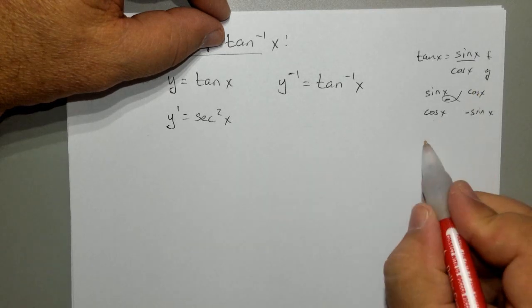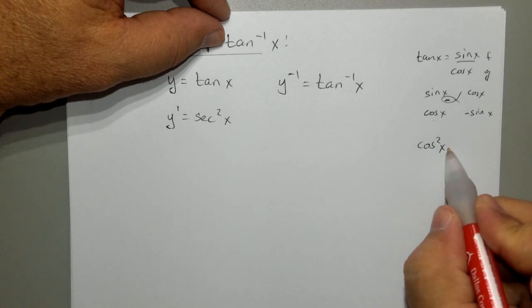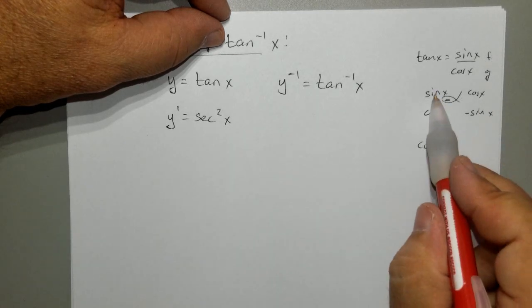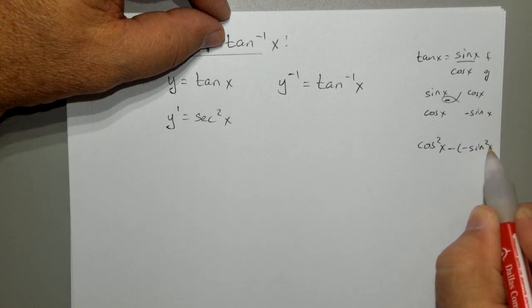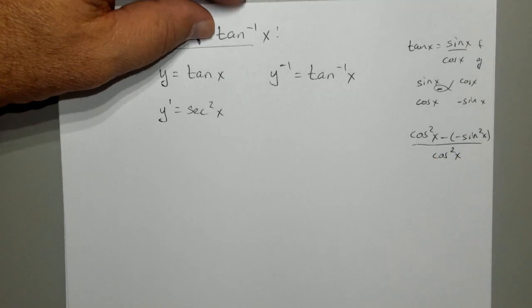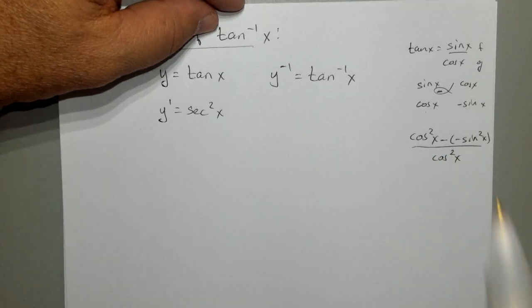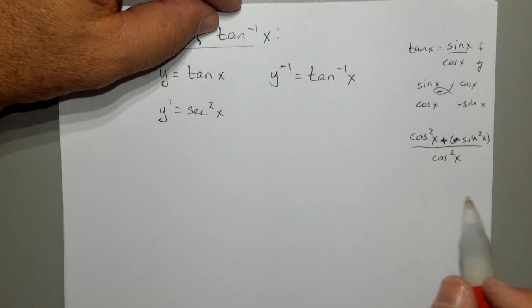Cosine times cosine is cosine squared x, minus sine times negative sine is negative sine squared x, all over cosine squared x. Negatives cancel out, becomes a positive.